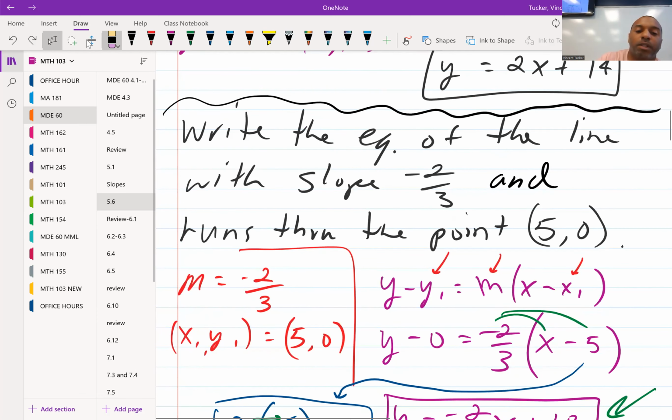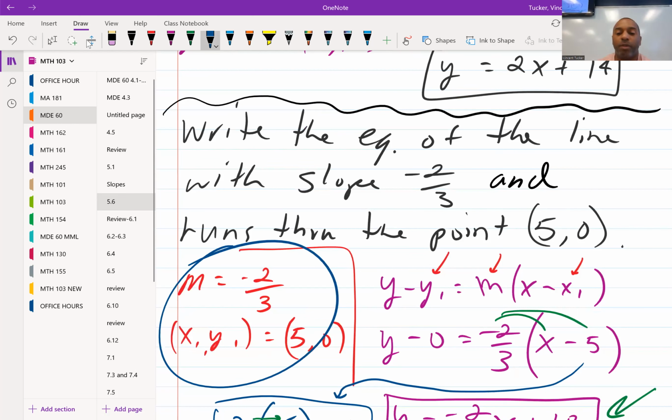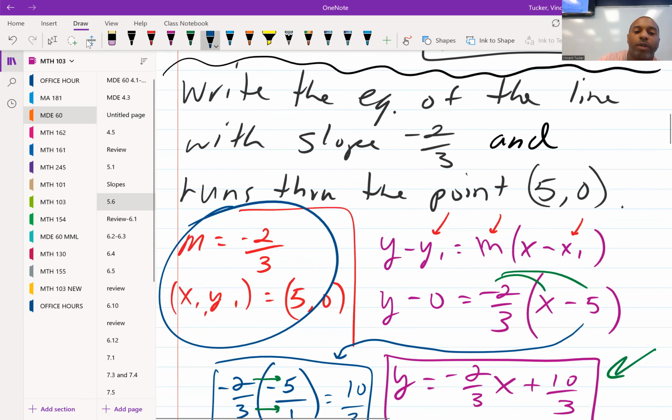So once again, this is what we have. m is going to be -2/3. Our point x1, y1 is (5, 0).